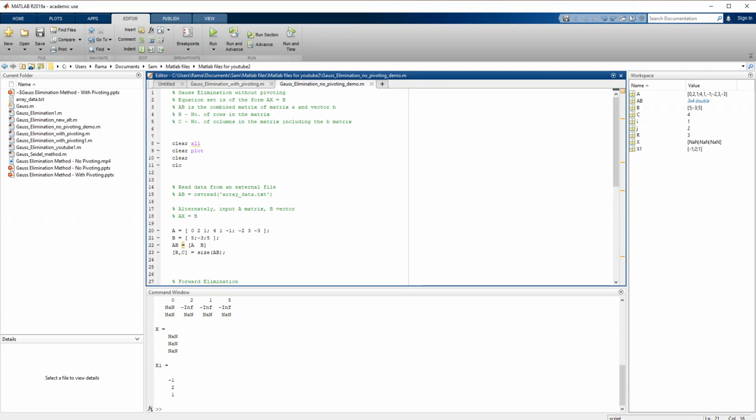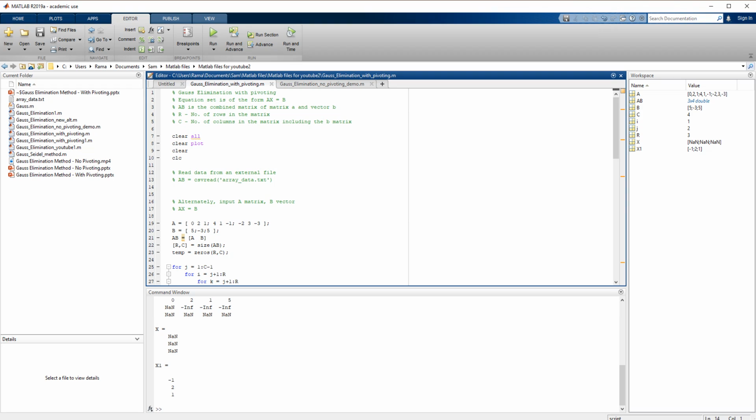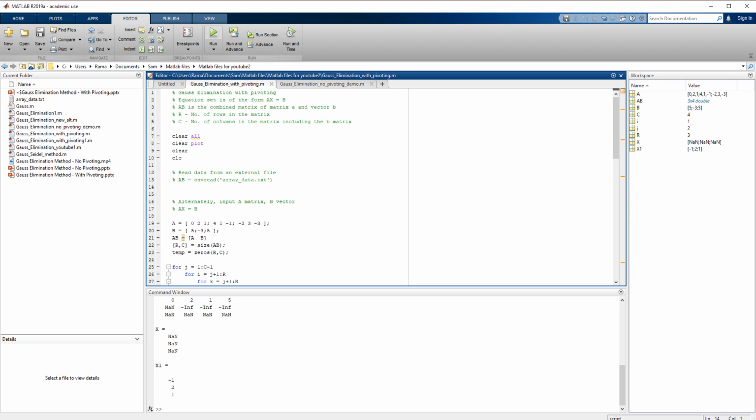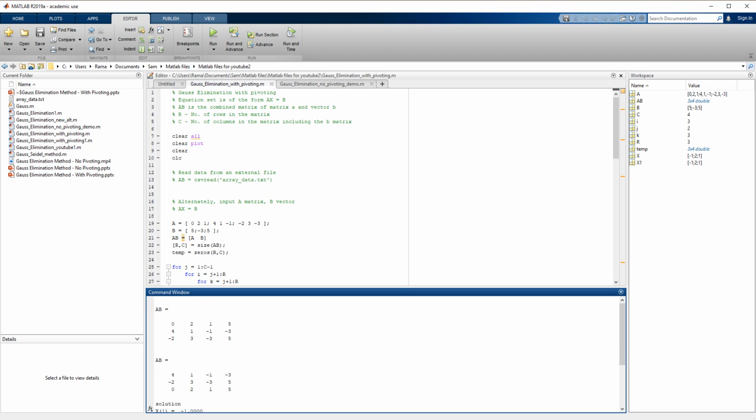So with pivoting, the same A matrix and B vector is given as before. So we run this. The original combined matrix AB is here.